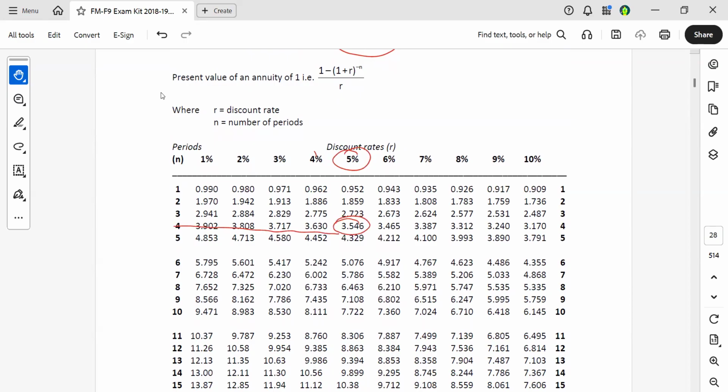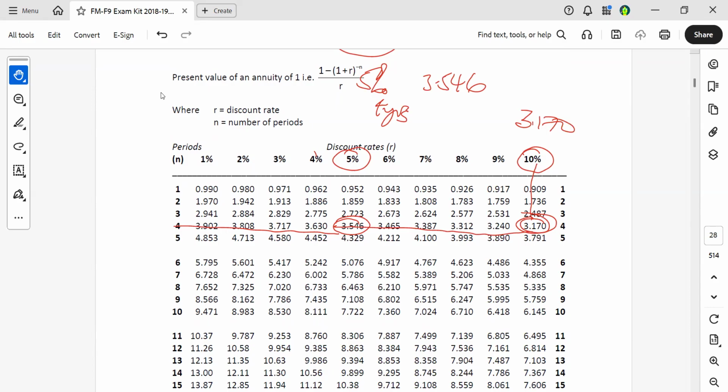So that is going to be this. 3.546 for 5% for 4 years. Then we need the next one, 10% for 4 years. So you just come here and read it. Right? So that is 3.170. Then we pick it.